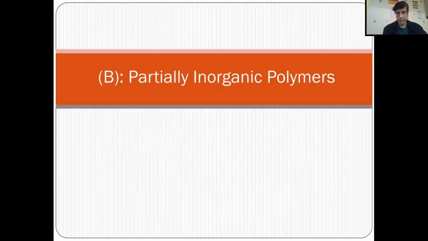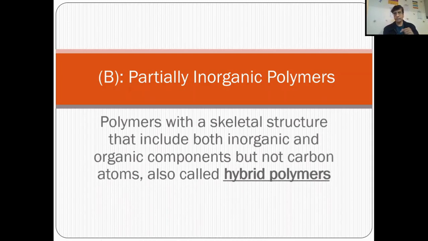So this is your inorganic polymer. Now a partially inorganic polymer is one that has some other elements, like oxygen, nitrogen, or phosphorus, which are also present in the backbone. These are also called hybrid polymers. Look at this structure here. The example is polysiloxane. Sil means silicon and ox means oxygen.